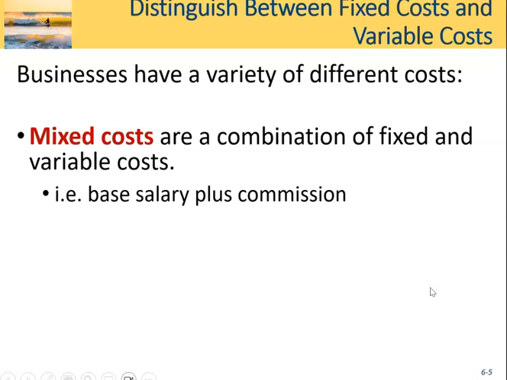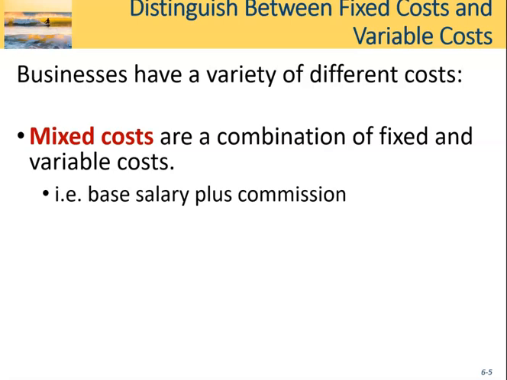Okay. Sometimes there are actually mixed costs. Maybe it's a base salary plus commission for our sales force. That mixed cost would be pretty easy to break up. We could separate the variable costs and the fixed costs so that we can see how much commission each of the salespeople makes, but we'd still have to pay their base salary as a fixed cost, whether they earned any commission on sales or not.